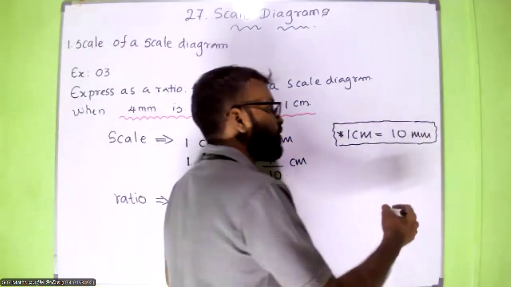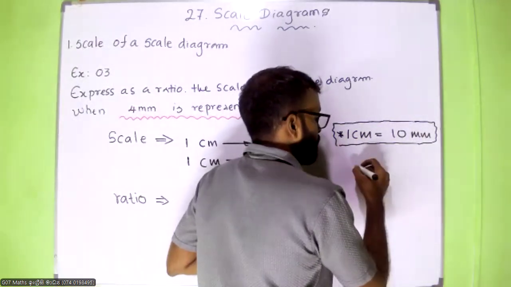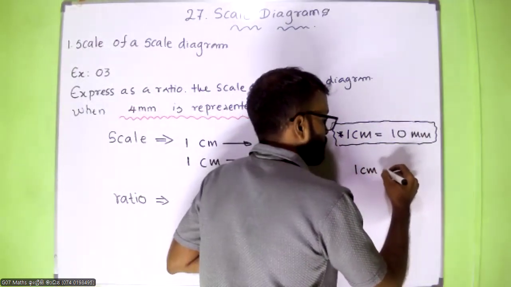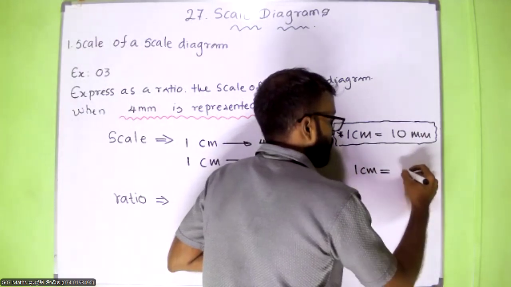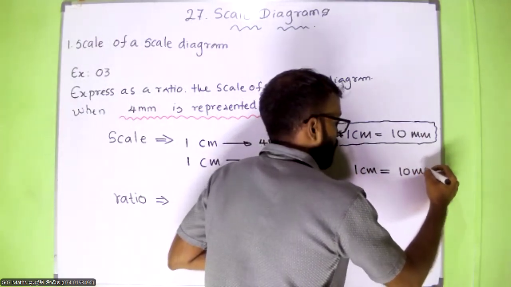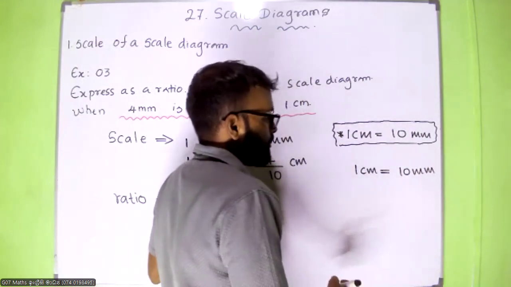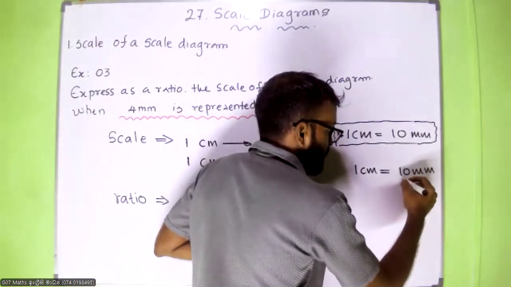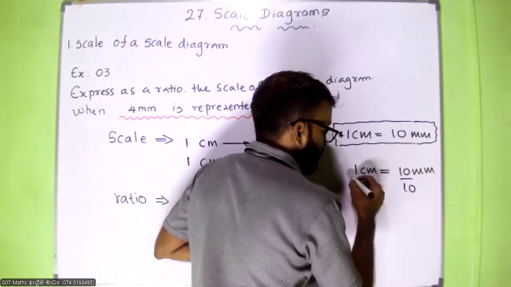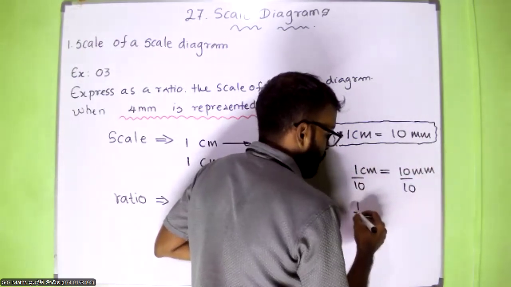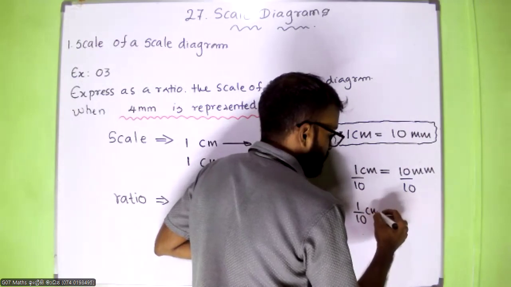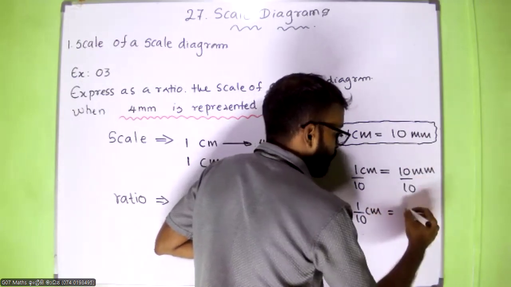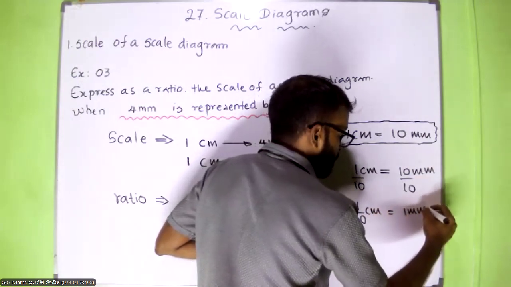So how do you get for 1 millimeter? Here you should have 1 millimeter, then you have to divide both sides by 10. So 1 upon 10 centimeter equals 1 millimeter.